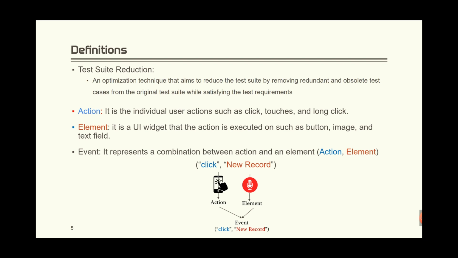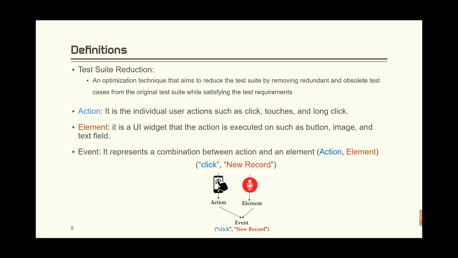Test suite reduction is the process of removing redundant and unnecessary test cases that do not contribute to the coverage requirement. Action, as you see here, is an individual user action such as click, touch, or long click.